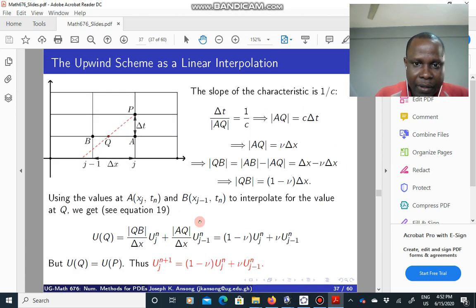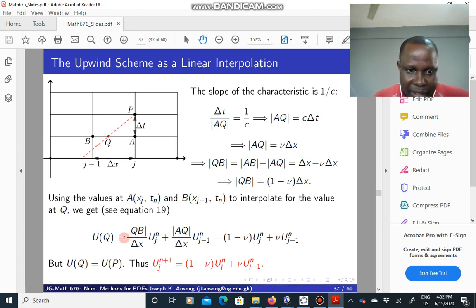So using the value of u at A and the value of u at B, we want to interpolate for the value of u at Q. So u at Q will be equal to the distance from Q to B divided by the total distance, which is delta x, multiplied by the value of u at A, which is u_j^n, plus the distance from A to Q divided by the total distance multiplied by the value of u at B, which is u_{j-1}^n.